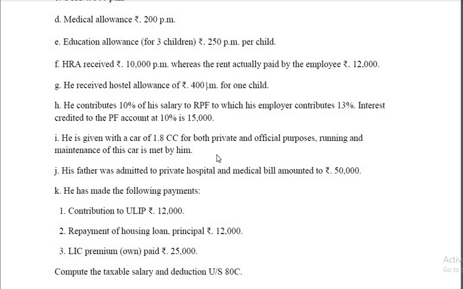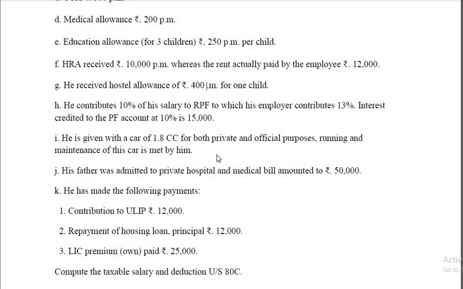Interest credited to the Provident Fund account at 10% is 15,000. So interest credited to Provident Fund account over and above 9.5% is taxable. So over and above 9.5% means 10% minus 9.5, that means half percent is taxable.